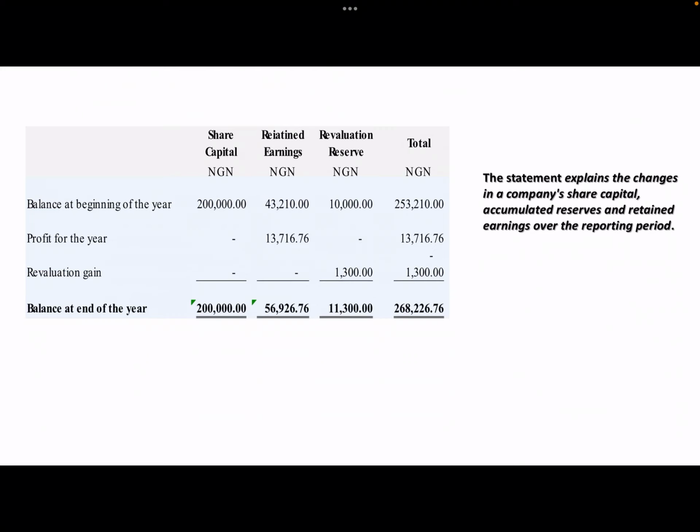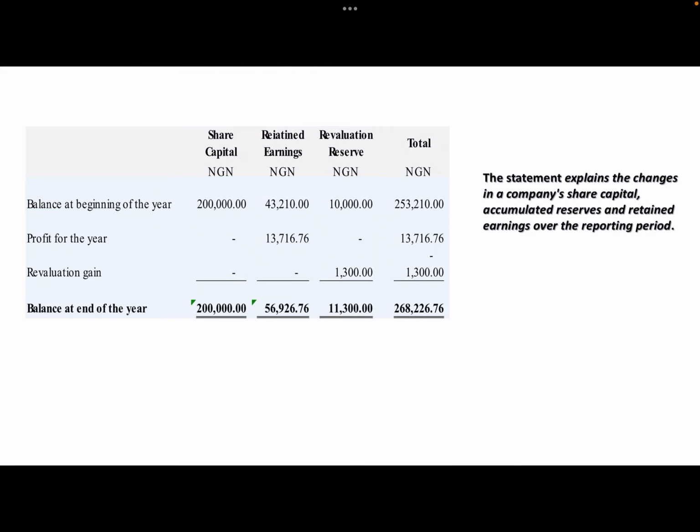If you look at this, you see the balance at the beginning of the year: the company share capital was 200,000. There was no additional share issued, so it still remained 200,000. The retained earnings at the beginning of the year was 43,000, and the profit for the year is 13,716, as generated from the income statement that we saw earlier.